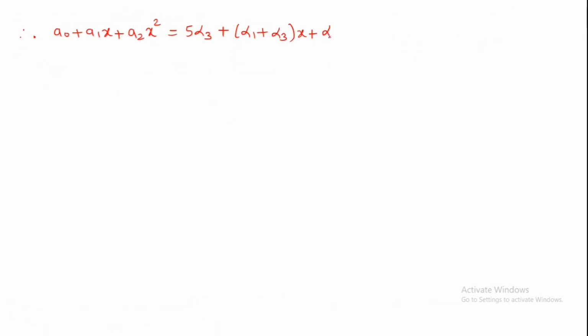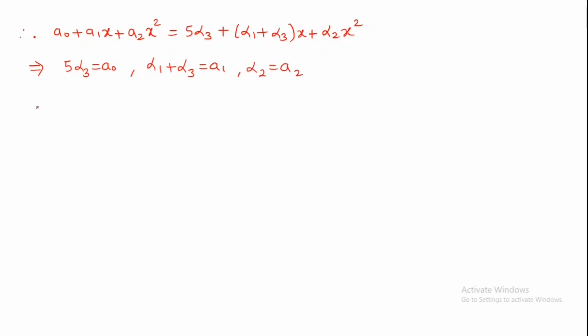After comparing, 5 alpha 3 is a0, alpha 1 plus alpha 3 is a1, and alpha 2 is a2.